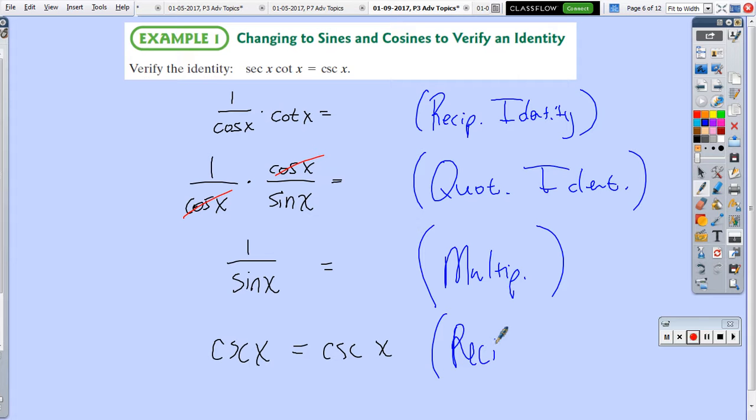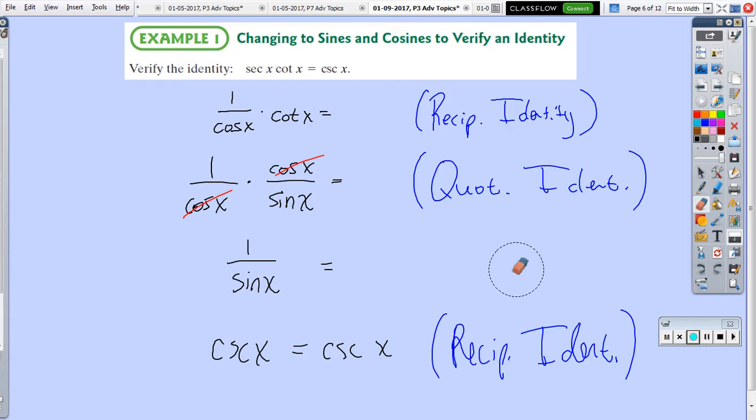Mr. Burke, what did you do with the 1 over sine? It's just there. If I go straight across, 1 times 1 is 1, 1 times sine of x is sine of x. The goal is to get the left-hand side to match the right-hand side exactly.